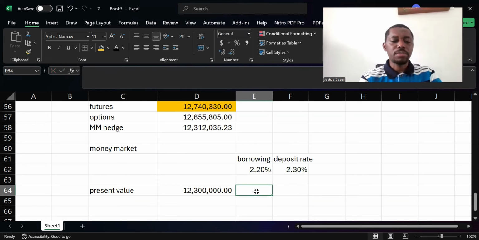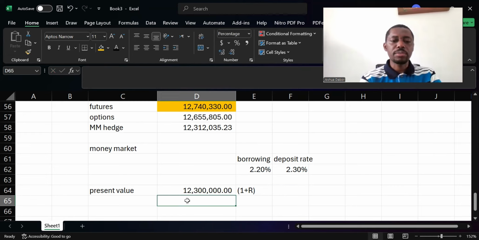Okay, remember your discount factor, which is for discounting, you normally do 1 plus R. It is 1 plus R. That's your discount factor. Raised to power -1, -2, -3. Okay. So what we are going to be using it here.